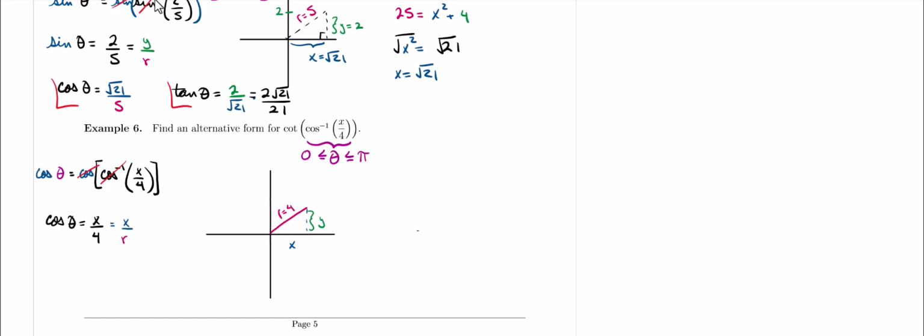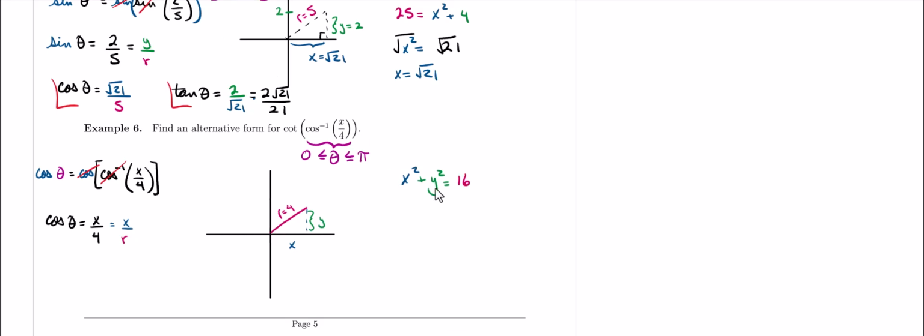Now it's okay if we don't know the y value, guys, because remember, we're trying to rewrite the expression in terms of x. So with what we have so far, using the Pythagorean theorem, we're going to have here that r squared is equal to x squared plus y squared. In this case, the r is 4, so we're going to have 16 equals x squared plus y squared.